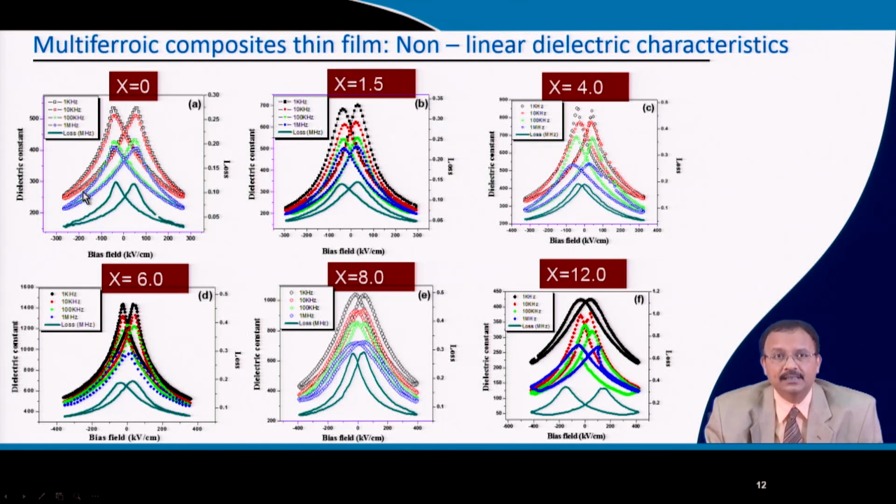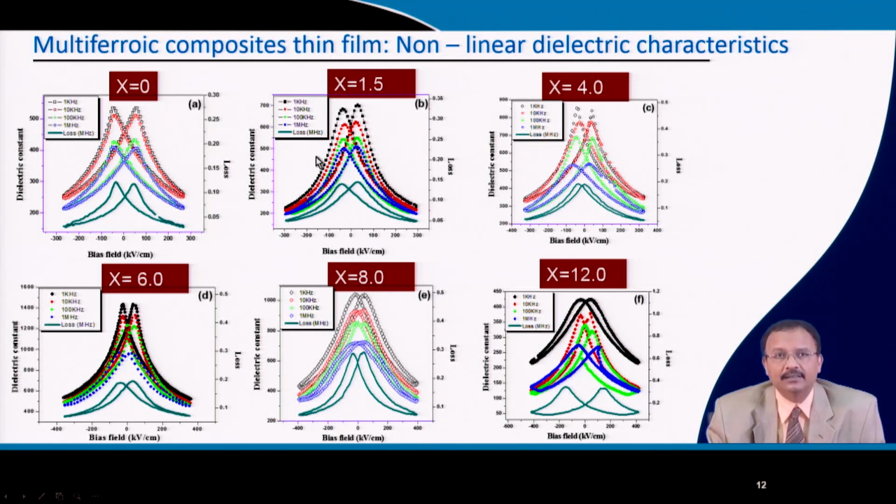And this is a well-shaped butterfly loop which is very characteristic of the ferroelectric nature, because ferroelectric materials have reversible polarization. So, if you measure the dielectric permittivity or dielectric constant as a function of a DC bias field, then this butterfly kind of loop will tell you that indeed it is ferroelectric in nature.